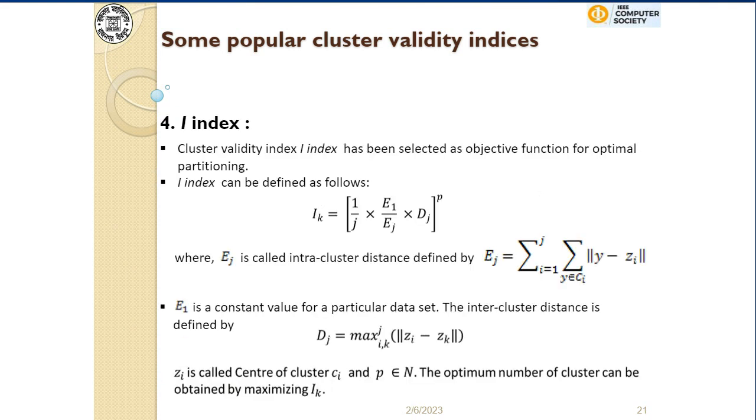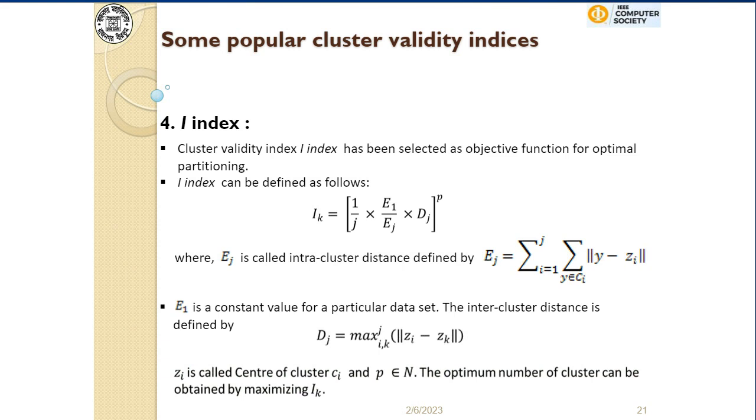Finally, you have the I index, another type of index. You have this maximizing criteria. You have to maximize this I index, where again you have the distance between the points in the same cluster given by the expression EJ, and DJ is the intercluster distance. It is the distance between two different clusters.